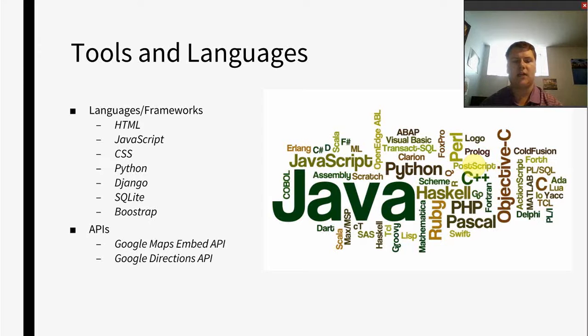For the APIs, I decided to just stick with Google. I used the Google Maps Embed API to show the map of the route on my webpage, and then the Google Directions API to get all the information about the route.